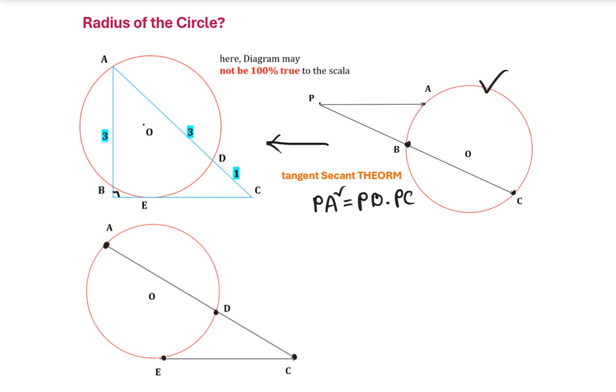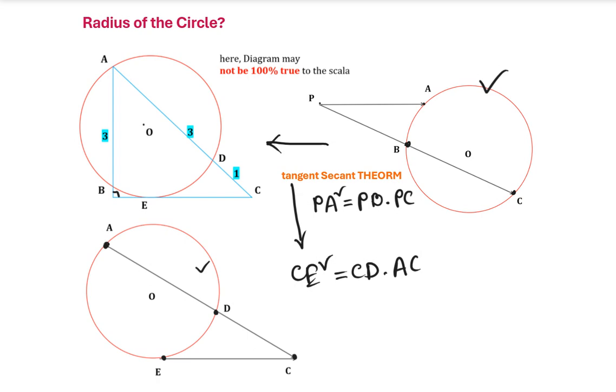By the tangent secant theorem, CE square is equal to CD times AC, or CA.